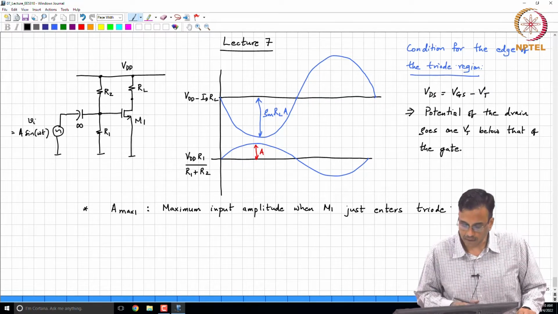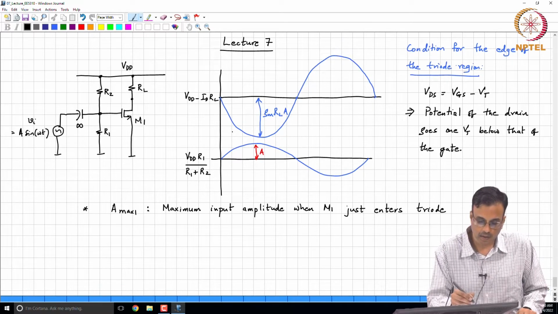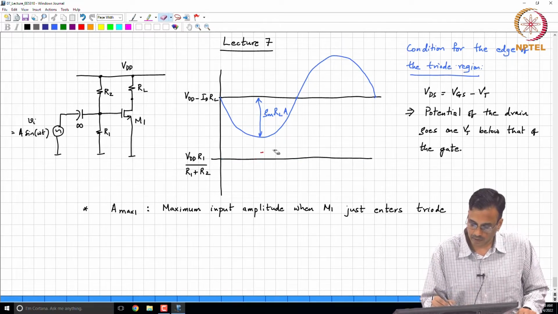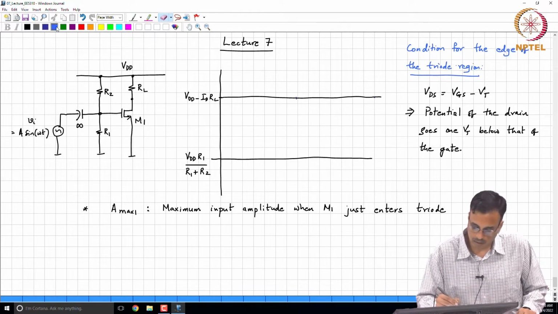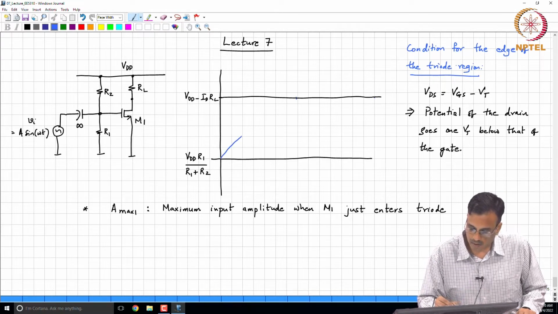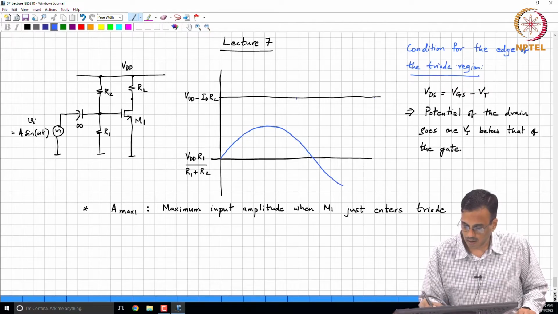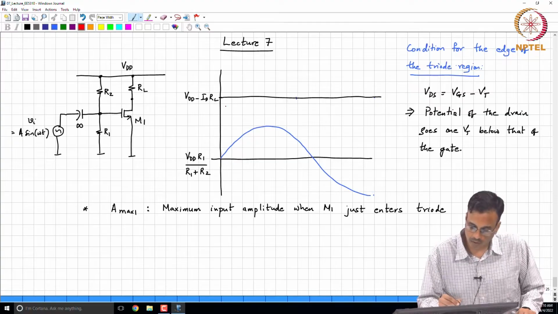Okay, how does that look? We are only looking at the positive half cycle.